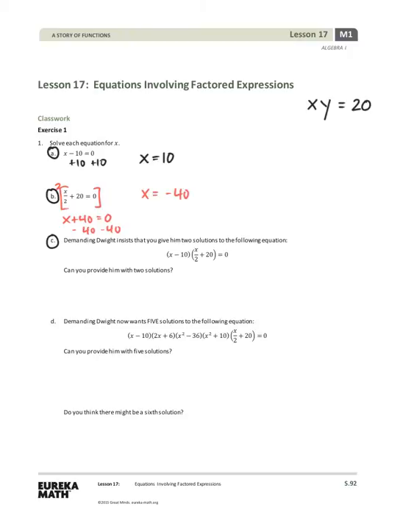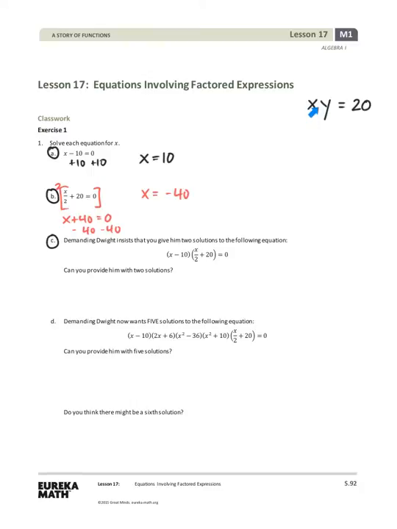Now, if I said to you, what can you tell me about the two numbers? You might say something like, oh, okay, well, I know that x is 2 and y is 10. But someone else might say, no, no, no, x is 5 and y is 4. And someone else might say, well, x is 1 and y is 20.